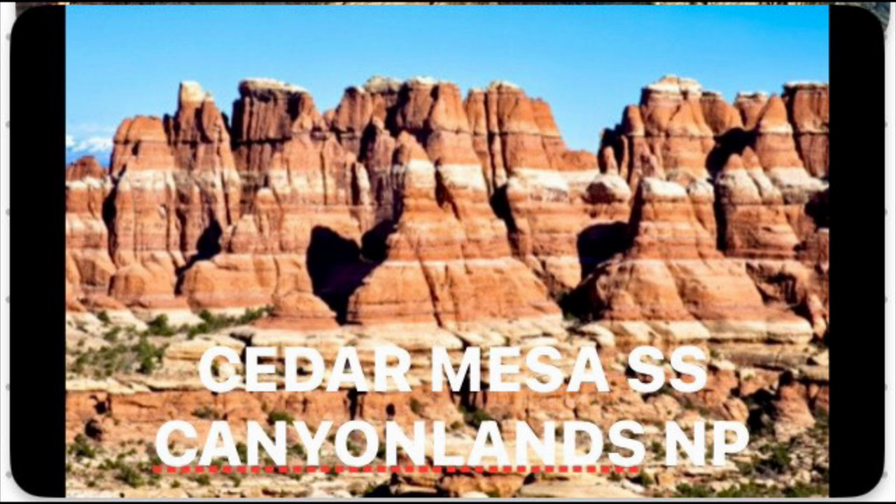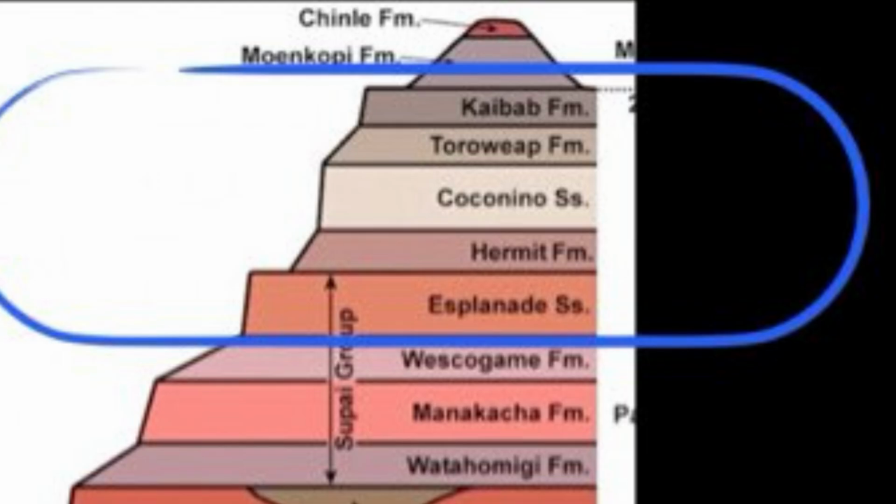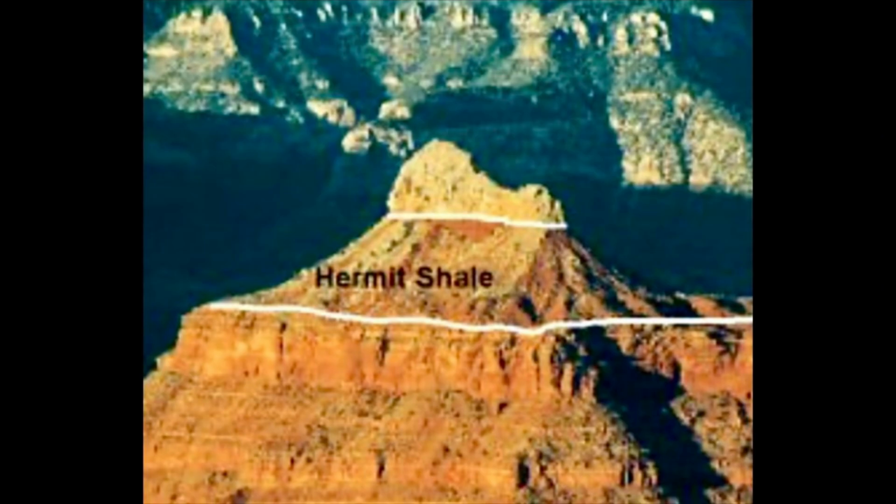The Hermit Shale, which is above the Esplanade sandstone, represents probably a little bit moister time when rivers overflowed the sand, depositing these river-borne muds that became the Hermit Shale. Probably there was some river conglomerate in there too.